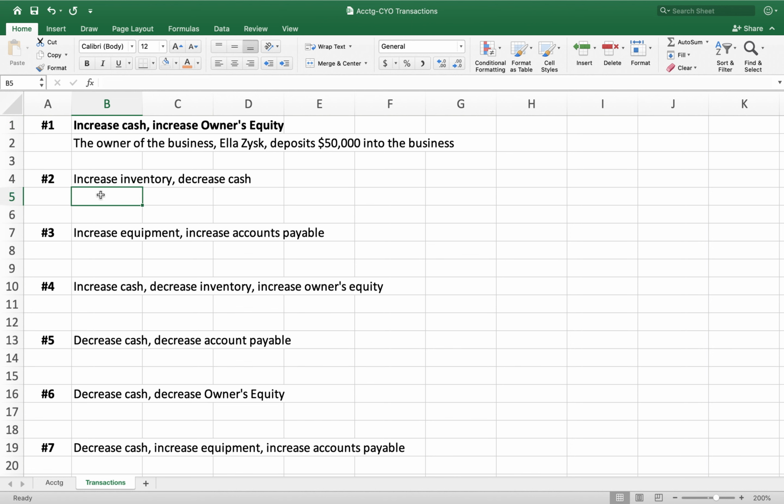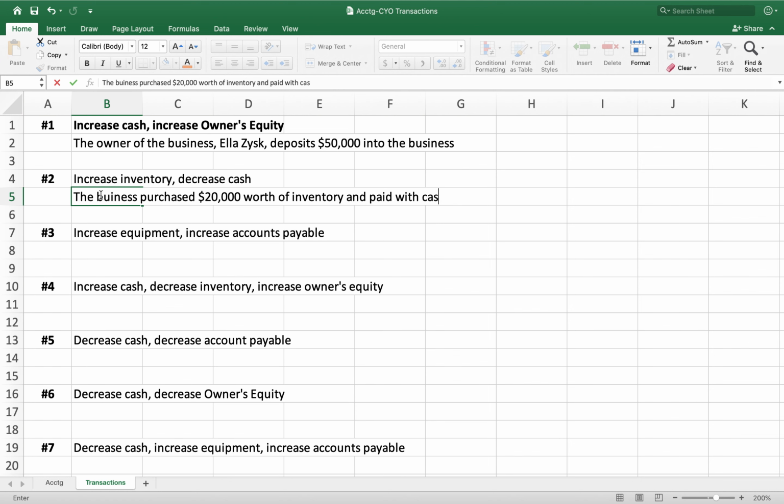Okay, next one, increase inventory, decrease cash. So the business purchased, let's say, $20,000 worth of inventory and paid with cash.